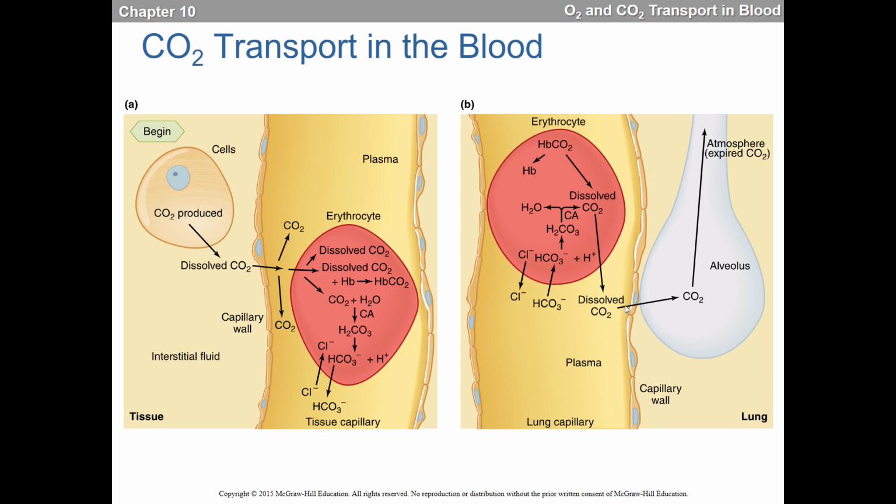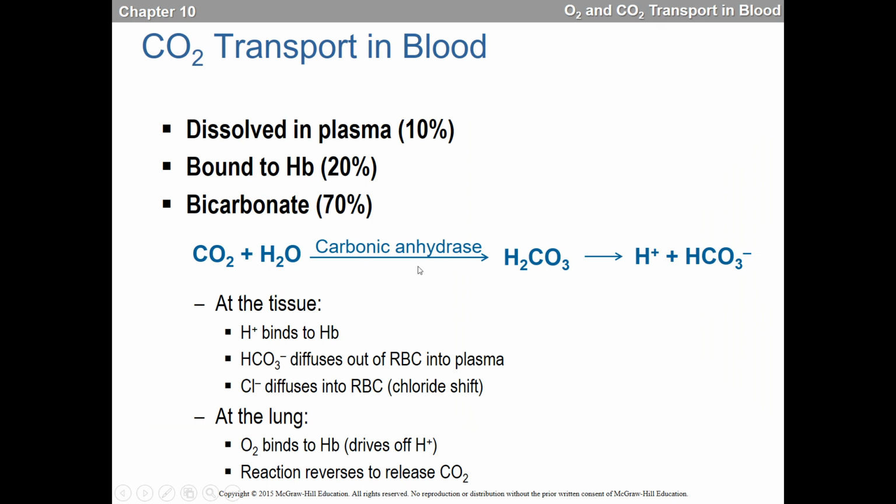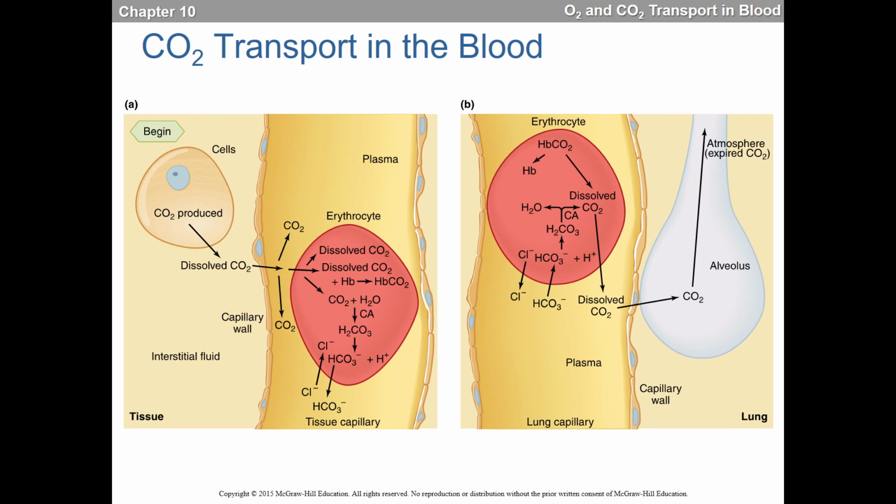Whenever we get CO2, whenever we expire it out, breathe it out, functionally the equation goes the other direction. So the carbonic anhydrase equation will functionally go the other direction, so that we end up having water and CO2. So hopefully that is making some sense right there.